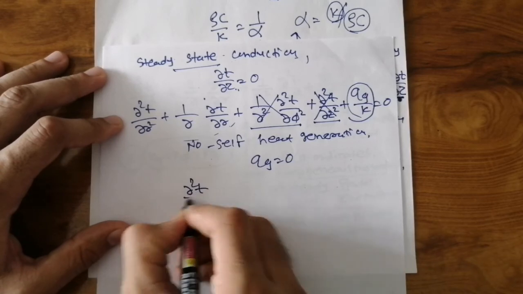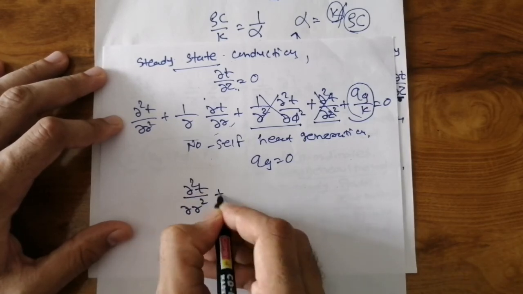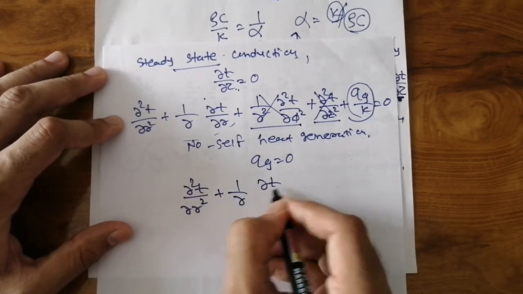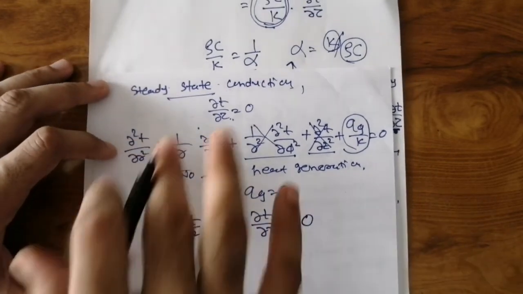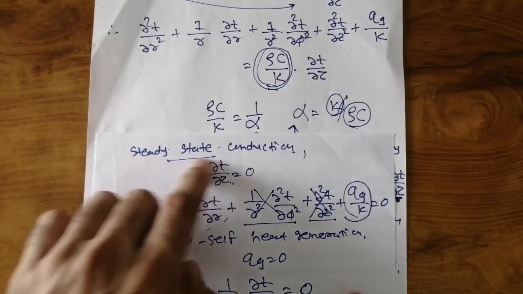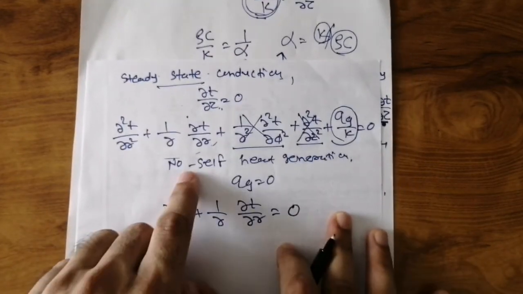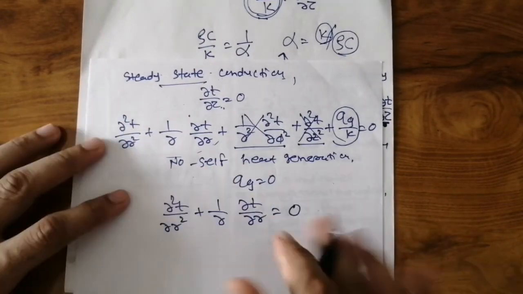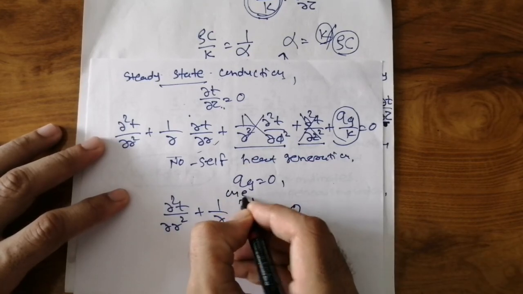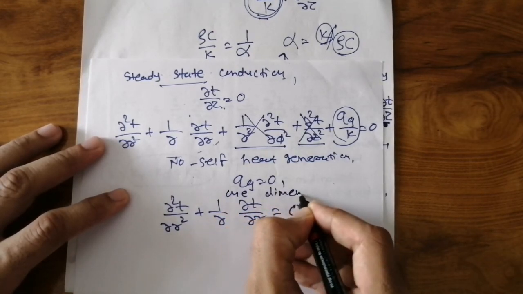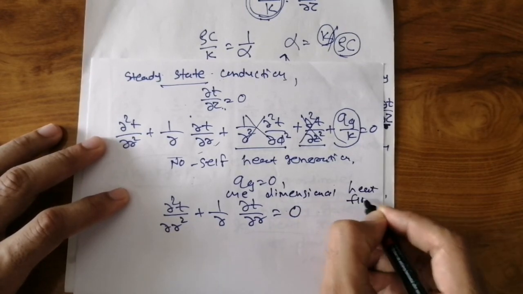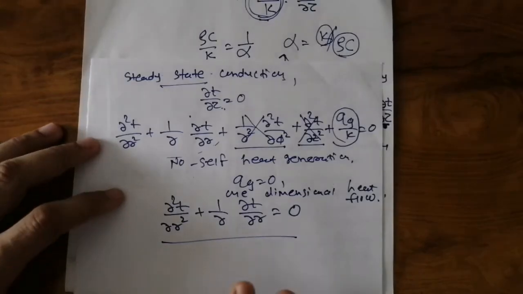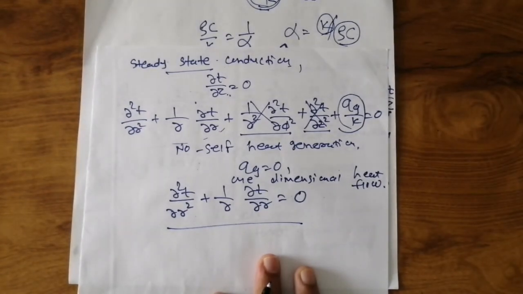Your one dimensional equation will be del square T by del r square plus 1 upon r del T by del r is equal to 0. First I consider steady state condition, then no self heat generation, and then one dimensional heat flow. That is another equation.